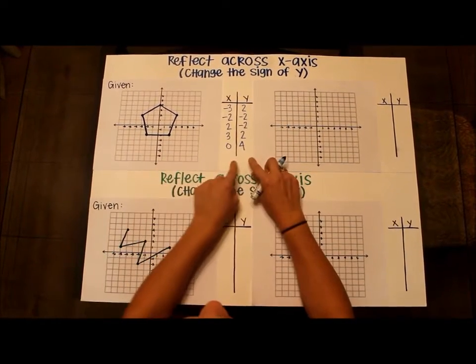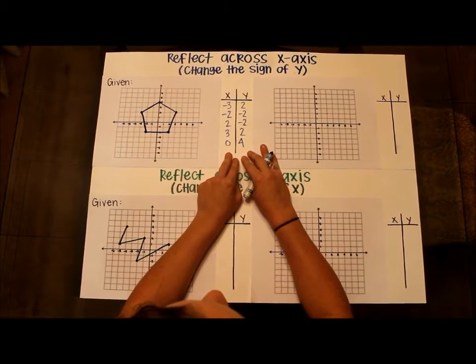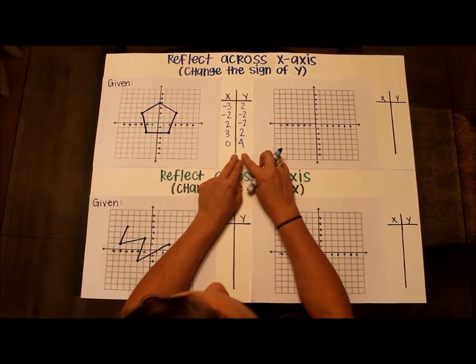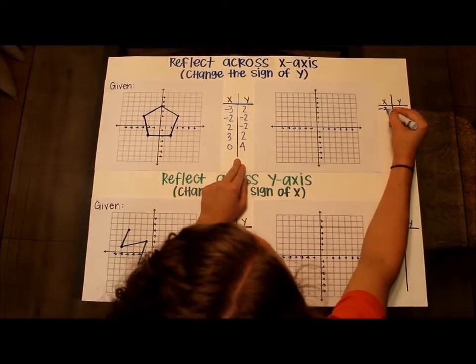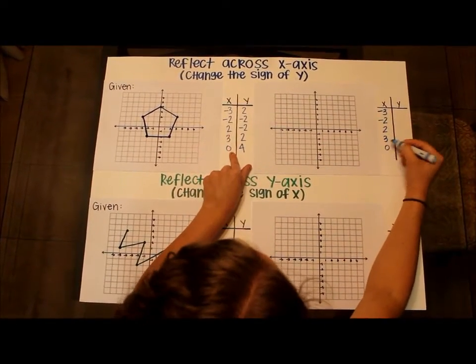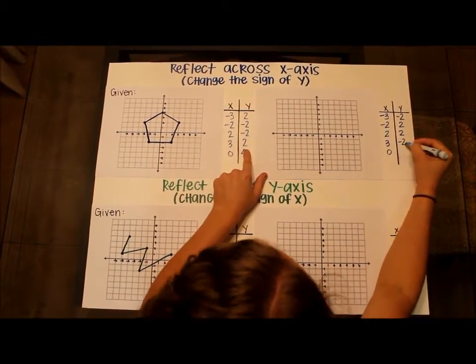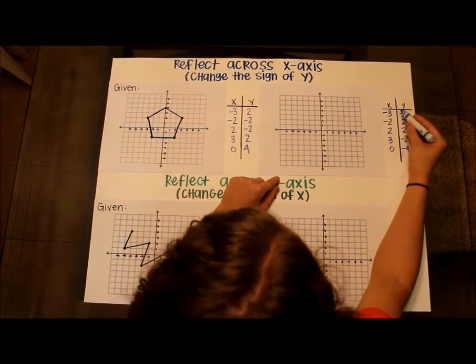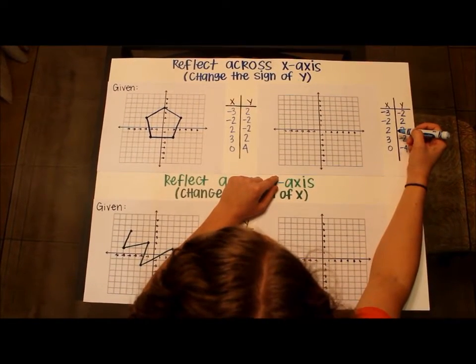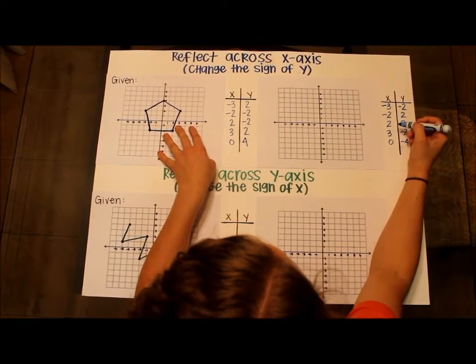So we don't get confused, we're going to make our new table first before we start graphing the reflection. So we're changing the sign of y. Our x values are staying the same. And now we're changing the sign of y. Now we're going to plot our new points in order, and then we're going to connect the points to get our reflected graph across the x-axis.